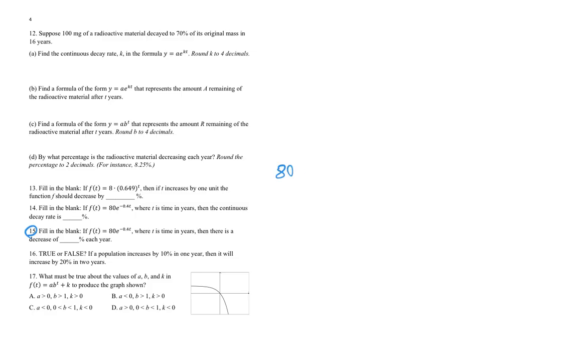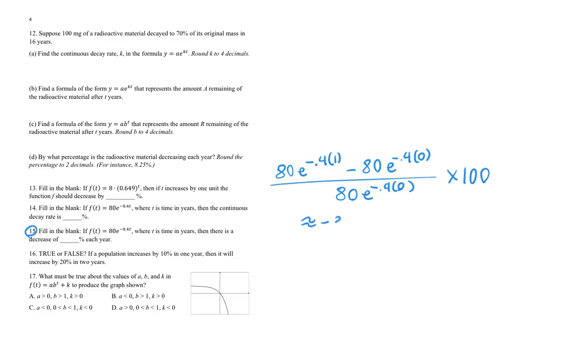So I'll do 80 times e to the negative 0.4 times 1, minus our initial value, 80 times e to the negative 0.4 times 0, so a time frame of 1 year, over our initial value, 80 e to the negative 0.4 times 0, and all of that times 100 to get it as a percent, and then we'll plug that into our calculators and get negative 32.97%, or a 32.97% decrease each year.